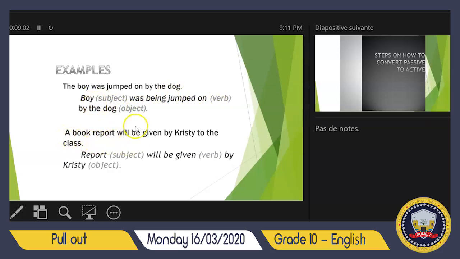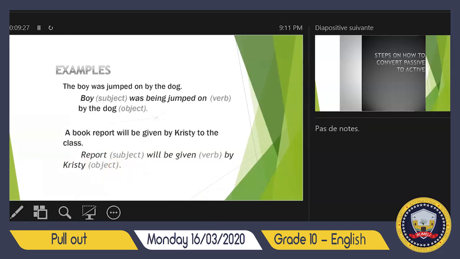A book report will be given by Christy to the class. Okay? So look at here. We have future tense. Don't worry. It's a bit confusing, but you will get the board in the next slide. You will understand how we make the tense change here. Okay? Just pay attention that the object is more important in the passive than the subject.